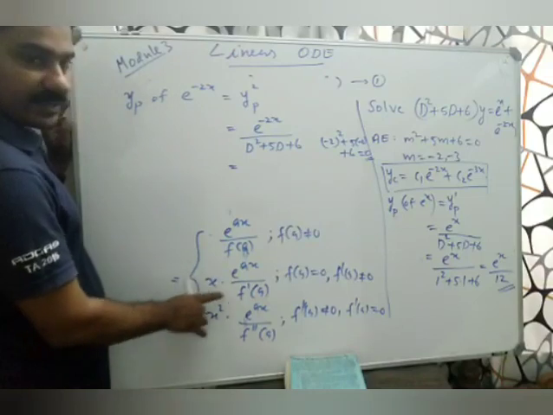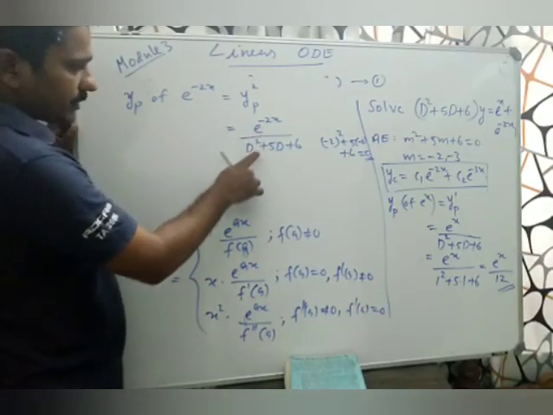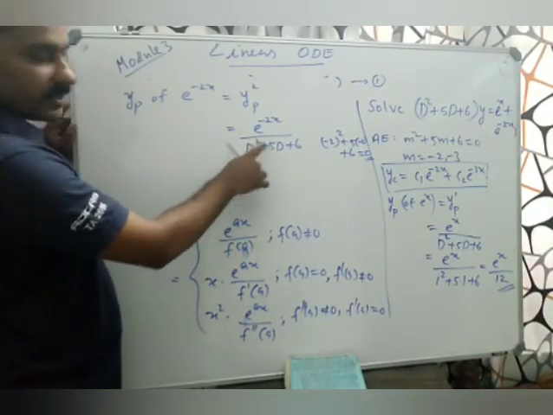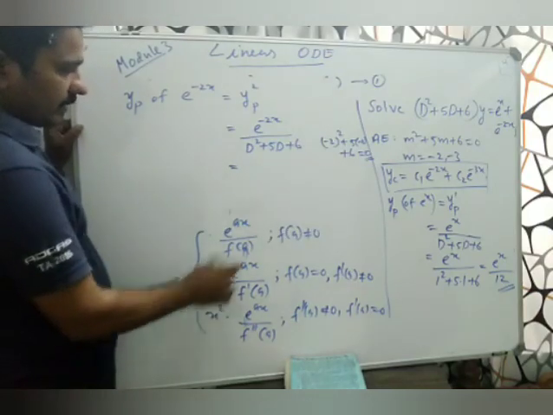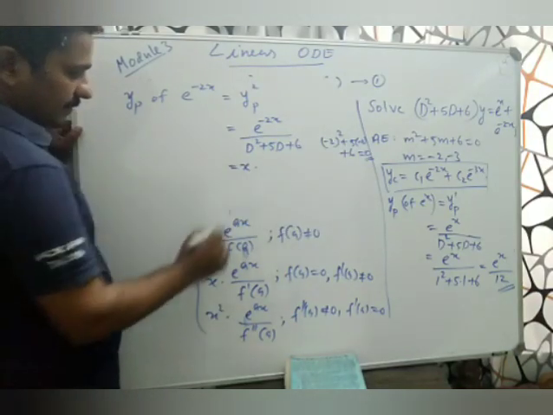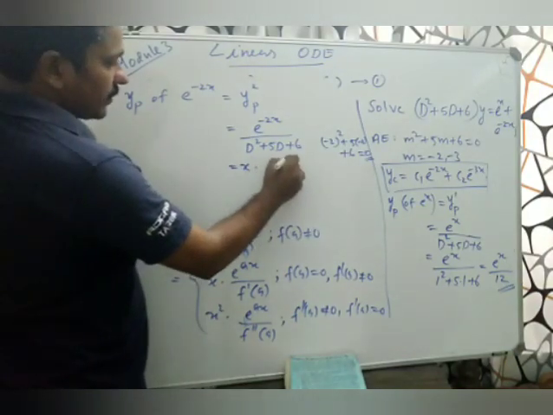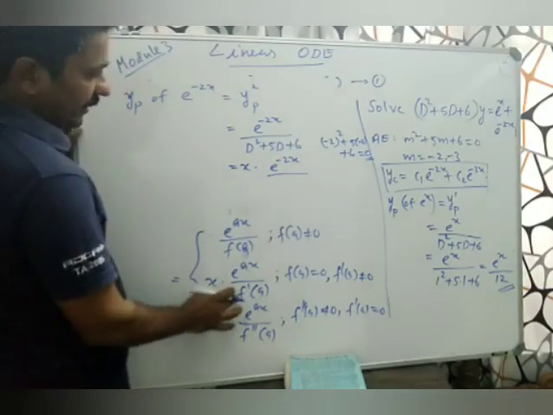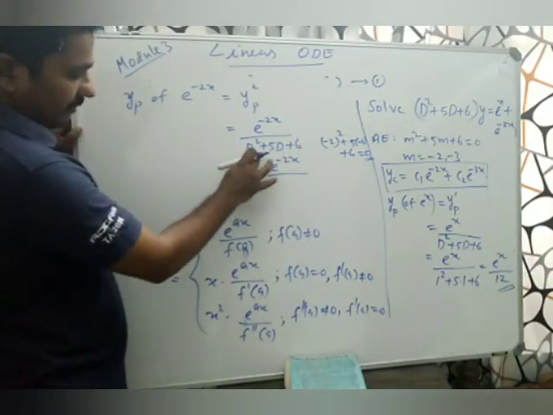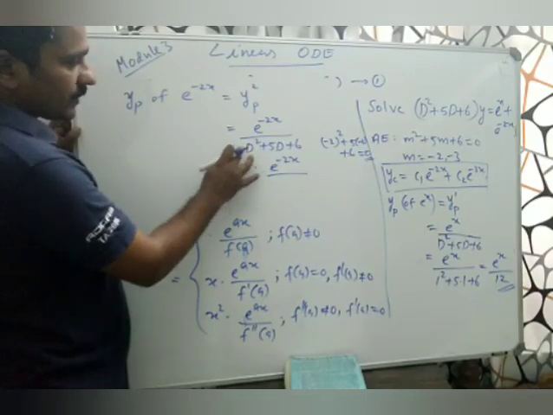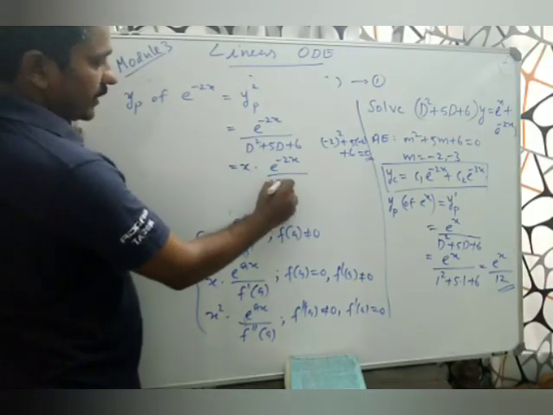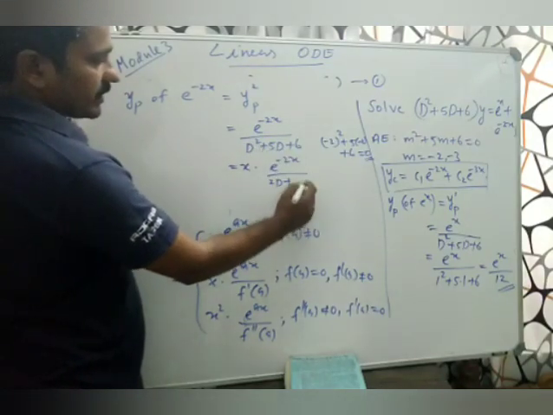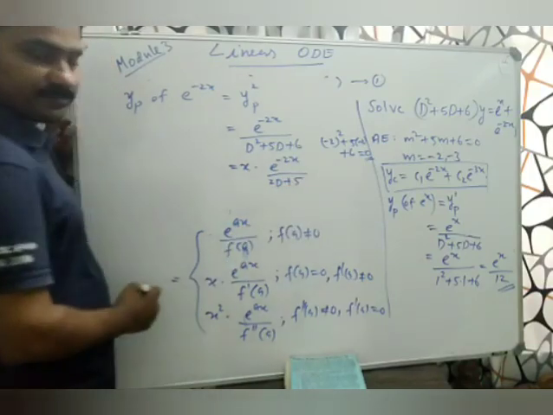And this is the special case. When you substitute minus 2 here, the denominator becomes 0. Then you have to put an x, then e to the power minus 2x, and find the derivative of the denominator with respect to D. The derivative of D squared is 2D plus the derivative of 5D is just 5.